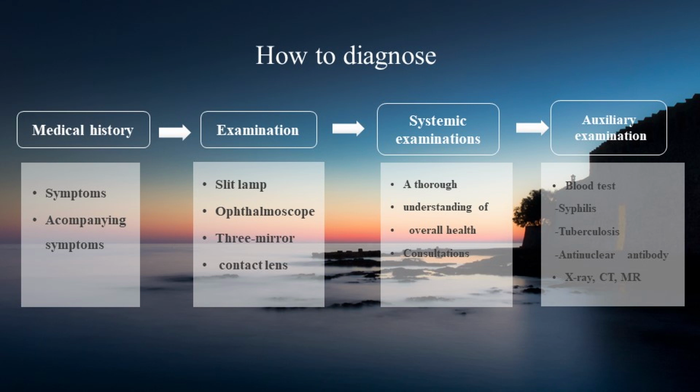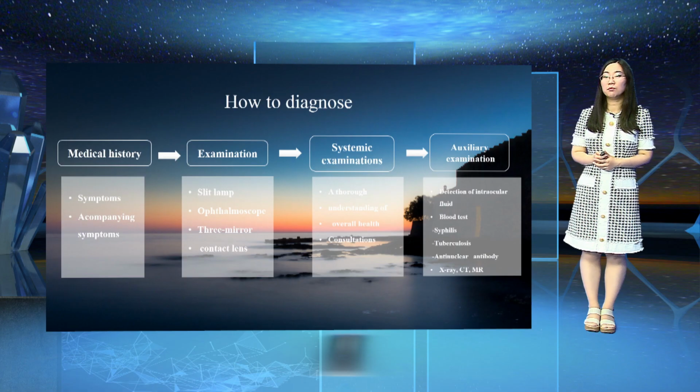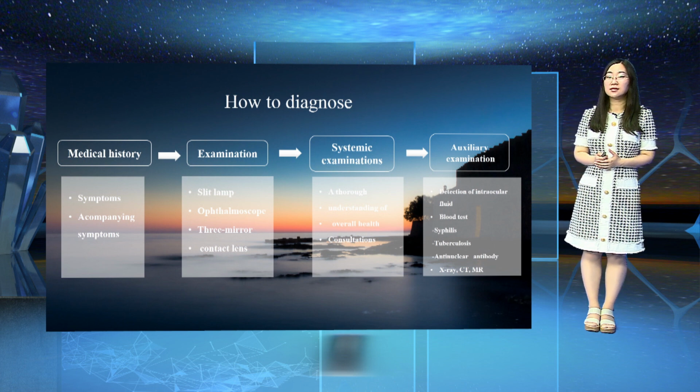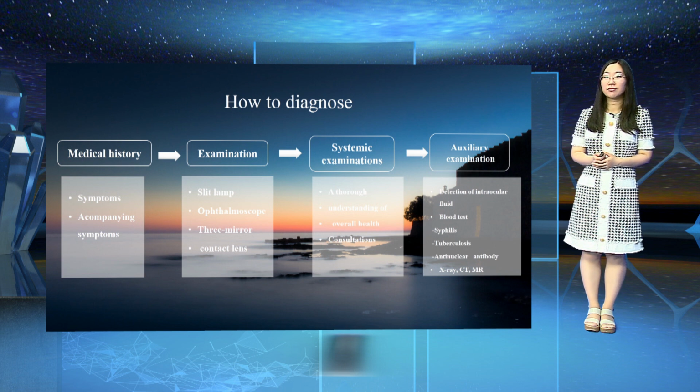How to make a diagnosis? When symptoms occur, a prompt examination by an ophthalmologist is important. The ophthalmologist will use instruments to examine the inside of the eye and can usually make the diagnosis on that basis.